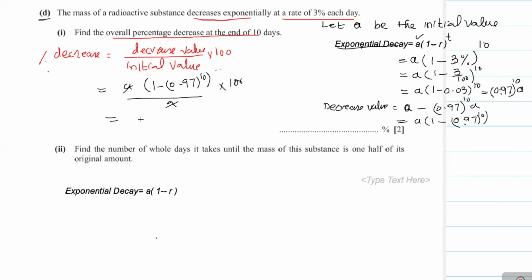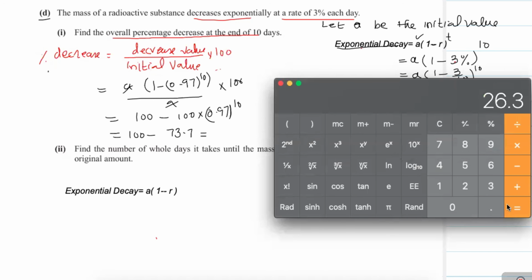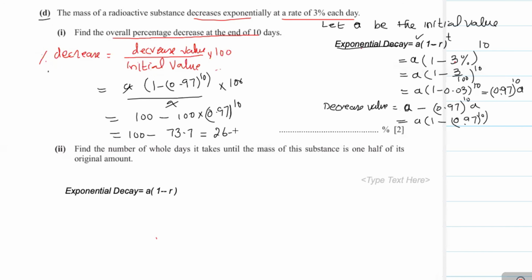We multiply 100 by 1, which is 100, minus 100 multiplied by 0.97 power 10, and this will be equal to 100 minus 73.7, which is equal to 26.3%. 26.3% is the answer.